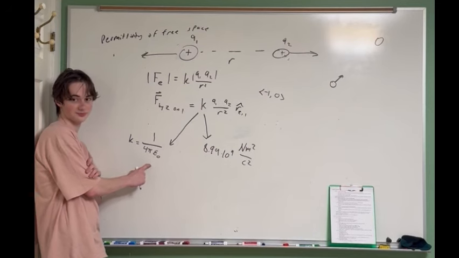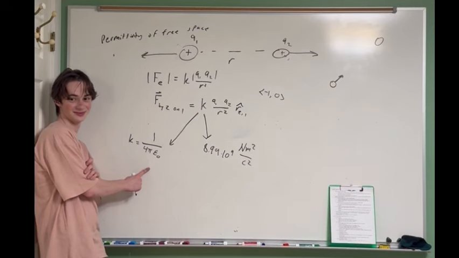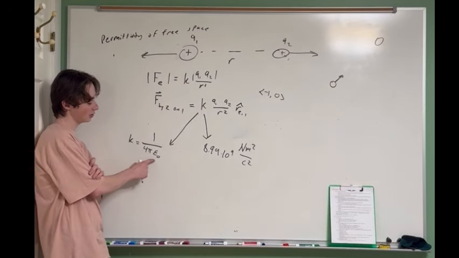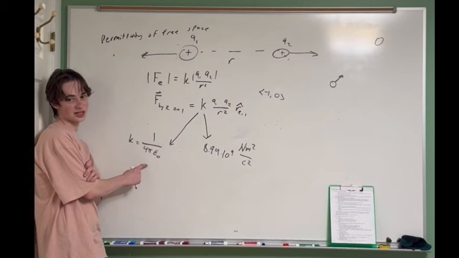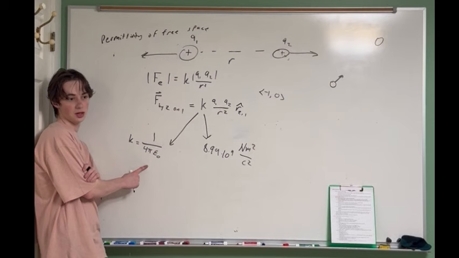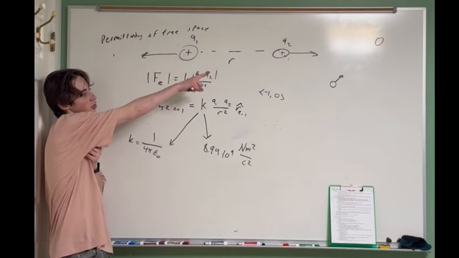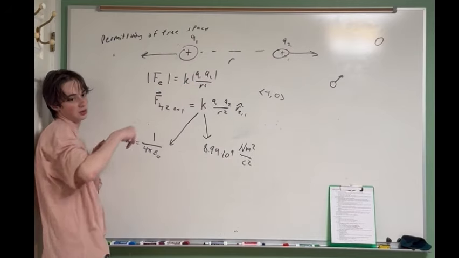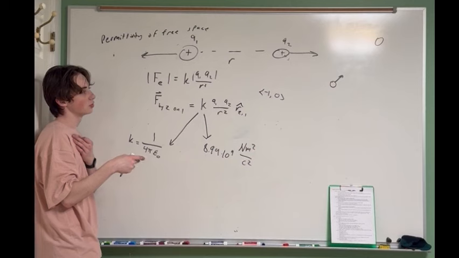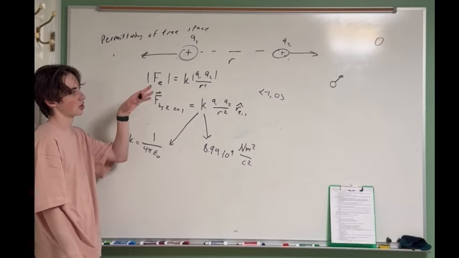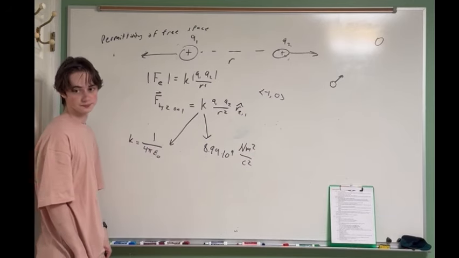You don't need to worry about exactly what epsilon naught is. It's like how much electric force there is for a certain material. If you have these two charges in a certain material, the different amount of permittivity in that material could change how much force they exert on each other.